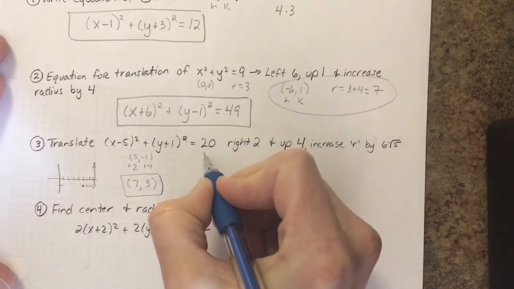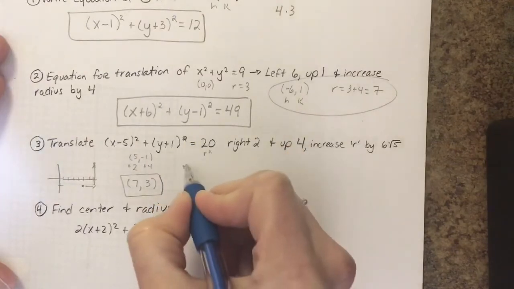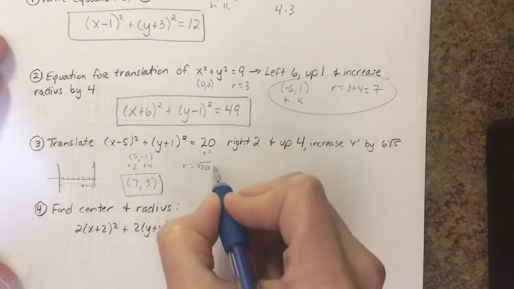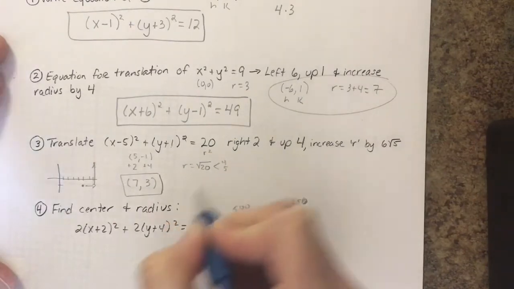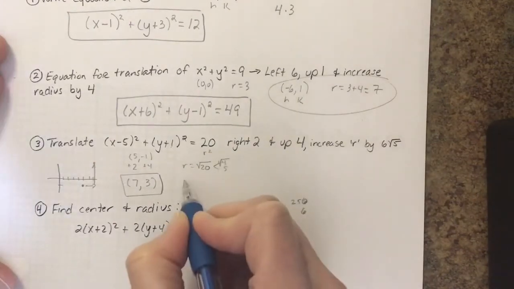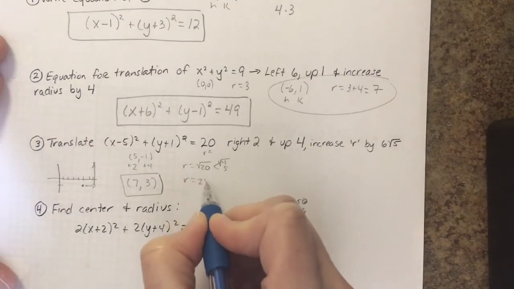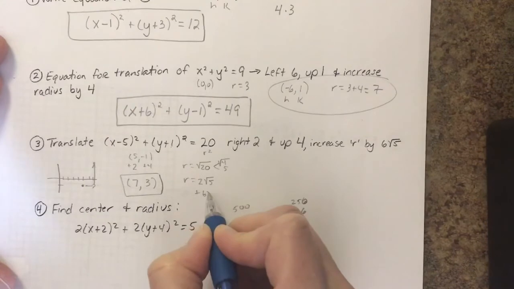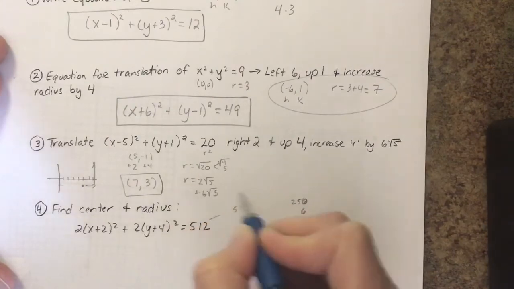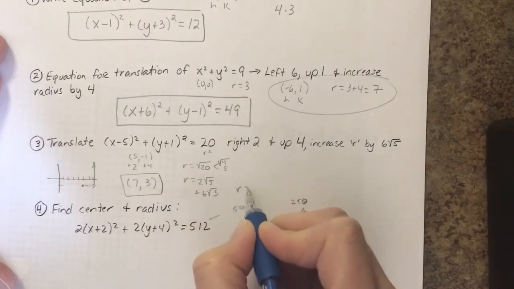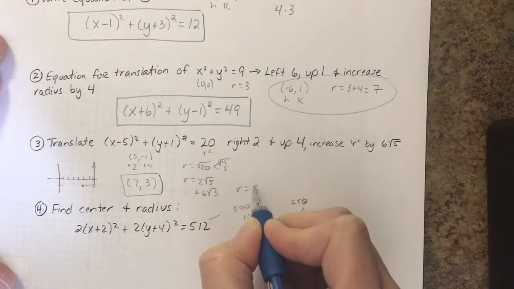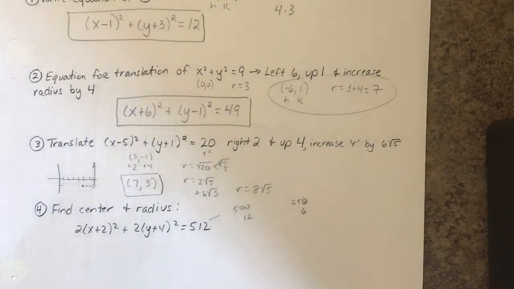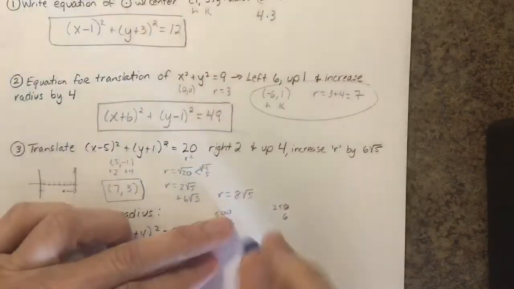Remember, this is the radius squared, so the radius is the square root of 20, and that's 4 times 5, so the current radius is 2 square root of 5. We add 6 square roots of 5, so my new radius is 8 square roots of 5.